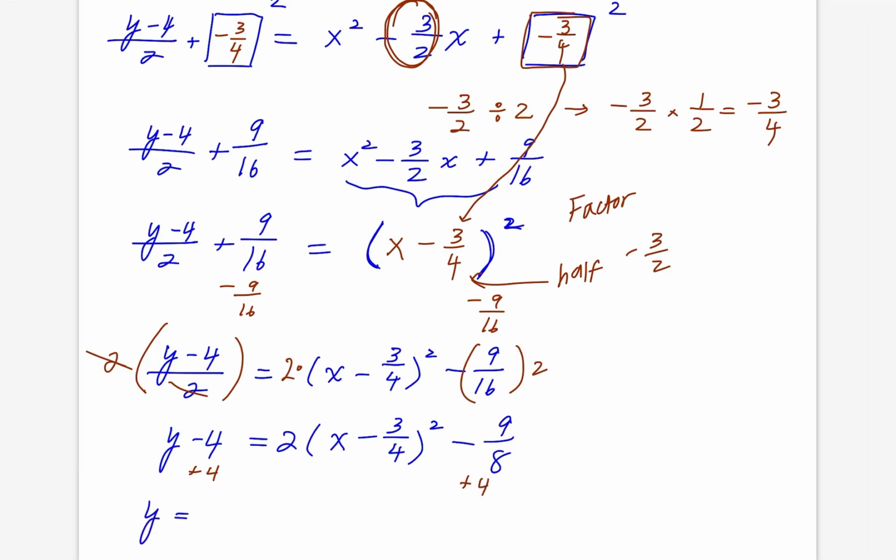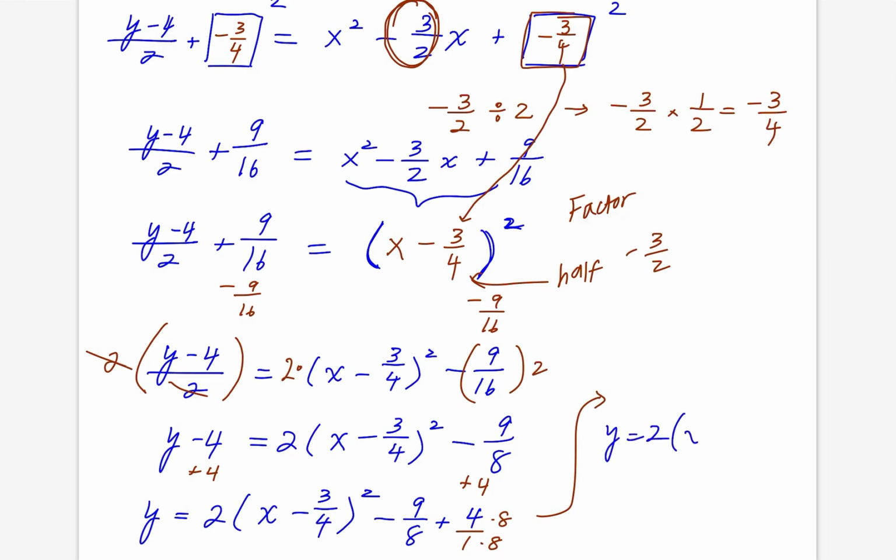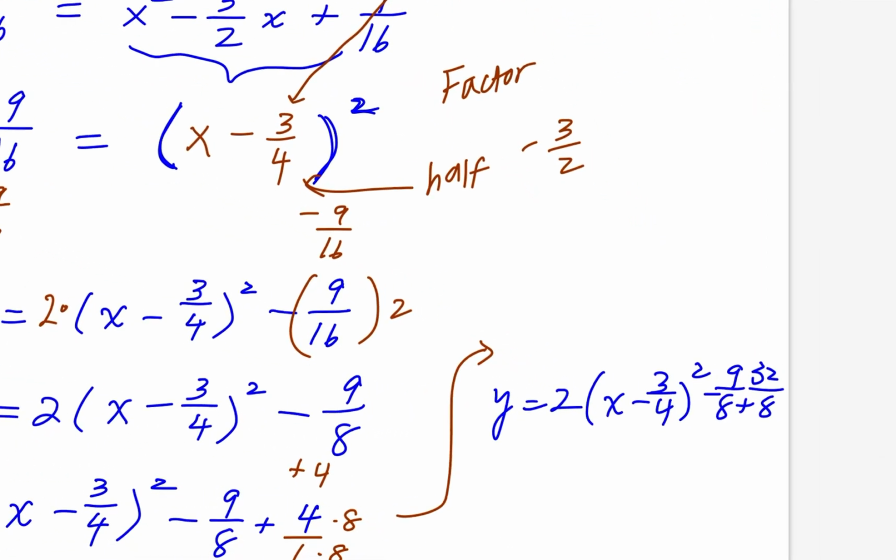So y equals 2 times (x minus 3/4) squared, negative 9 over 8 plus 4. But 4 can be written as 4 over 1, and by multiplying by 8 on top and bottom, you make the denominators the same. So technically, this is negative 9 over 8 plus 32 over 8. I'm sorry, I'm running out of space here.